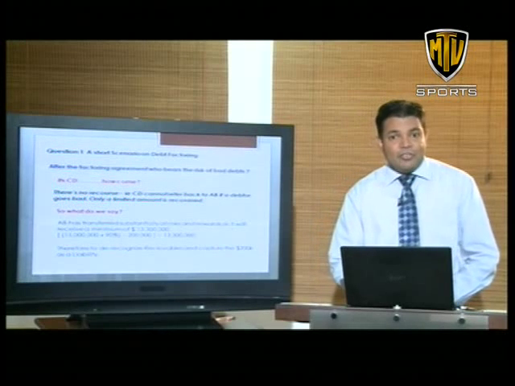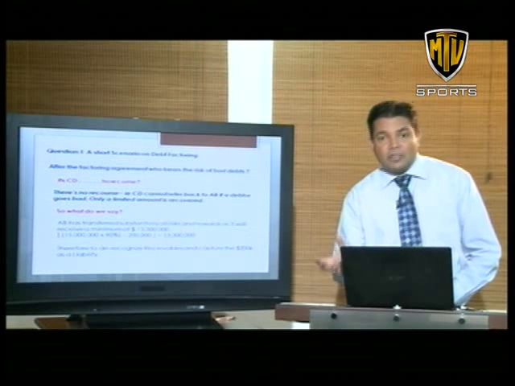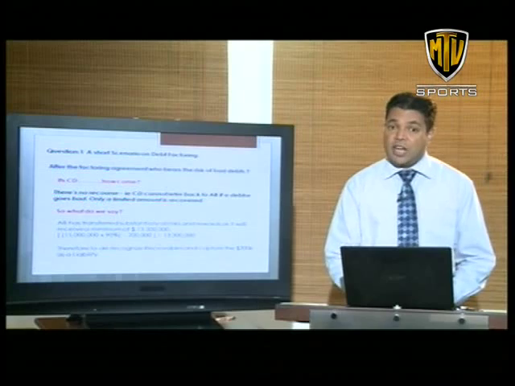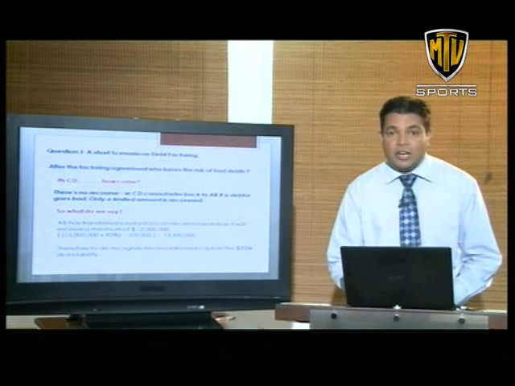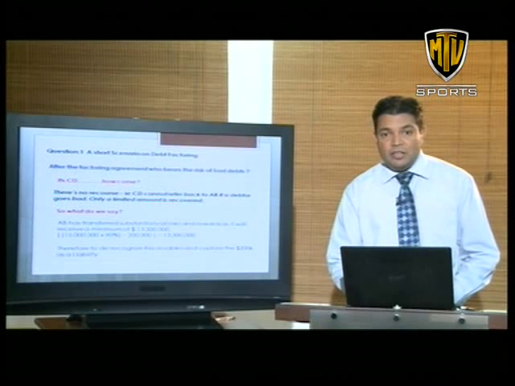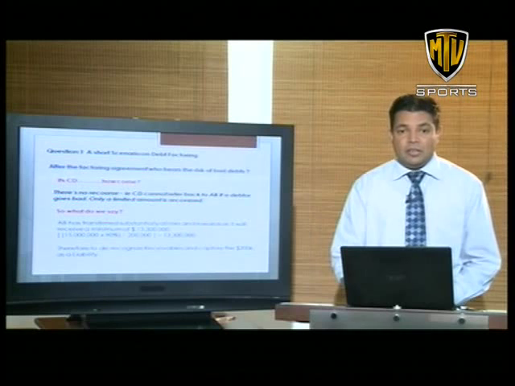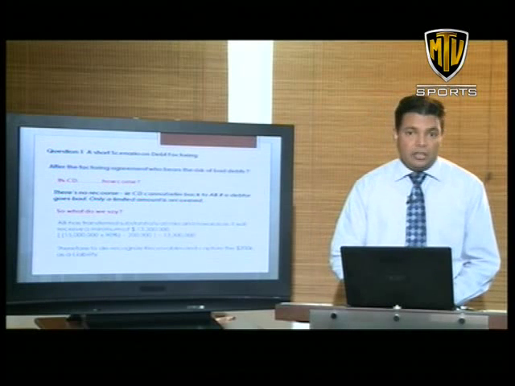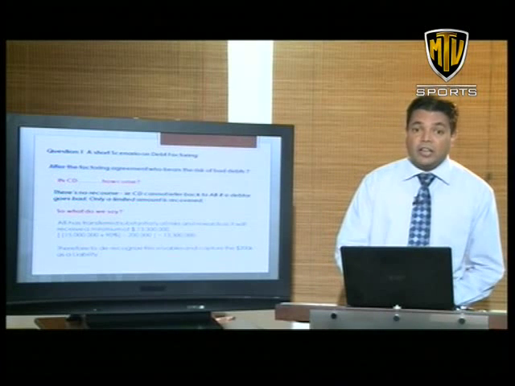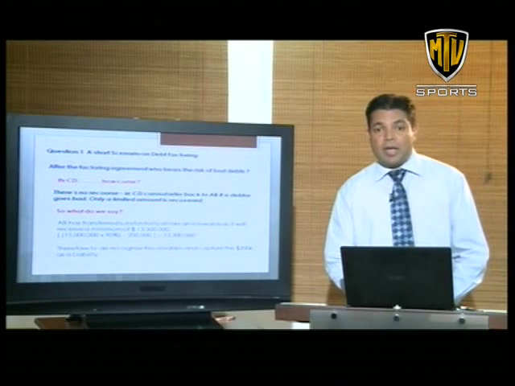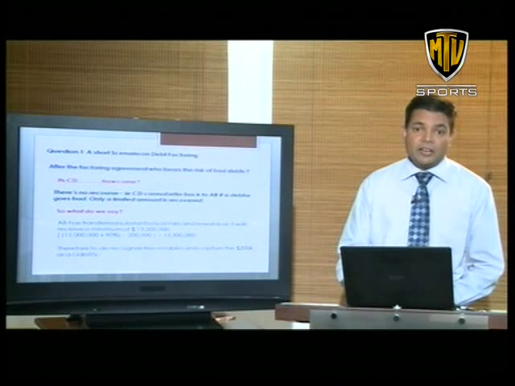But if there is recourse, where the factor can transfer any debts which cannot be recovered back to us, that means they are not taking any responsibility. Which means we cannot de-recognize the debtor. You hang on to your debtor in the balance sheet and recognize the money advanced by the factor as a loan, by debiting bank and crediting loan. That's one example, debt factoring.